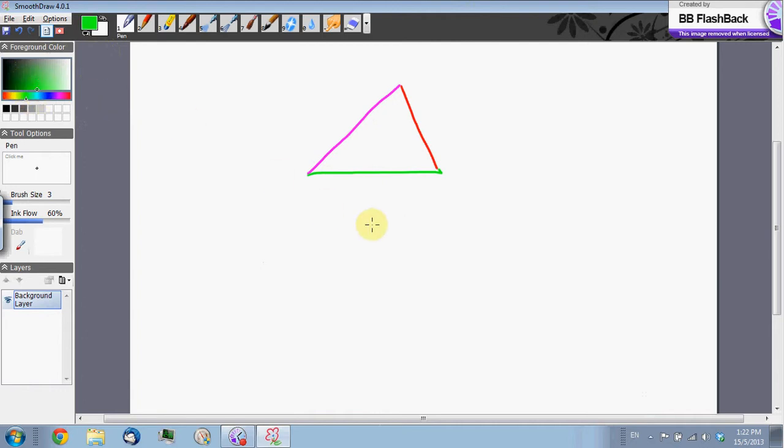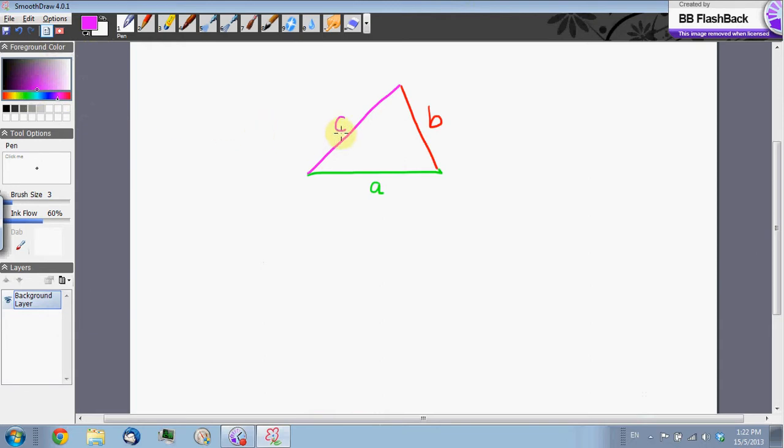The green is going to be A. The length of the green side is A, the length of the red side is B, and the length of the purple side is C. It doesn't really matter. You can name the purple side A, red side C, and green side B. It is not important, it's arbitrary.